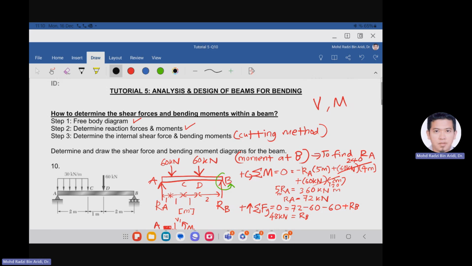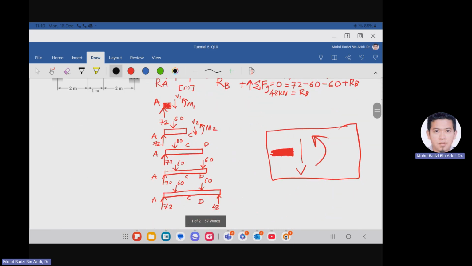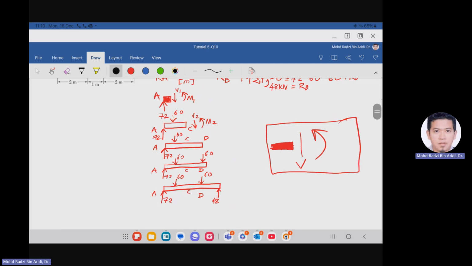I'm not sure why my screen goes up whenever I click this button. So it's the 5 cuts.